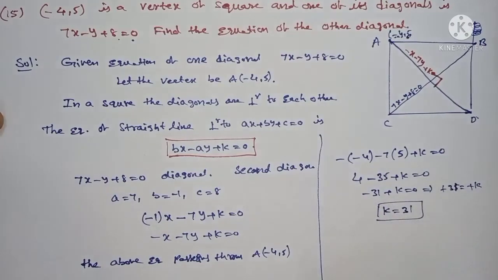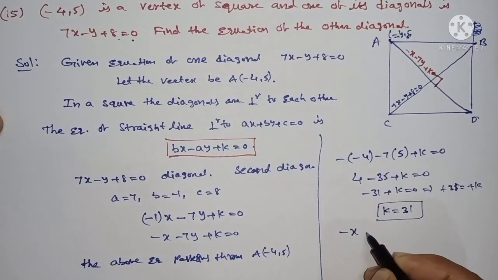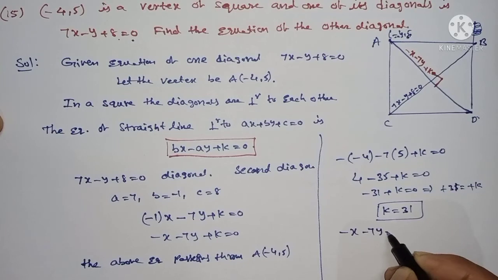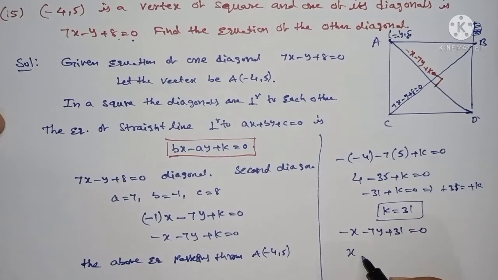Therefore, the required equation is minus x minus 7y plus 31 is equal to 0, or I can write minus, taking the common, x plus 7y minus 31 is equal to 0.